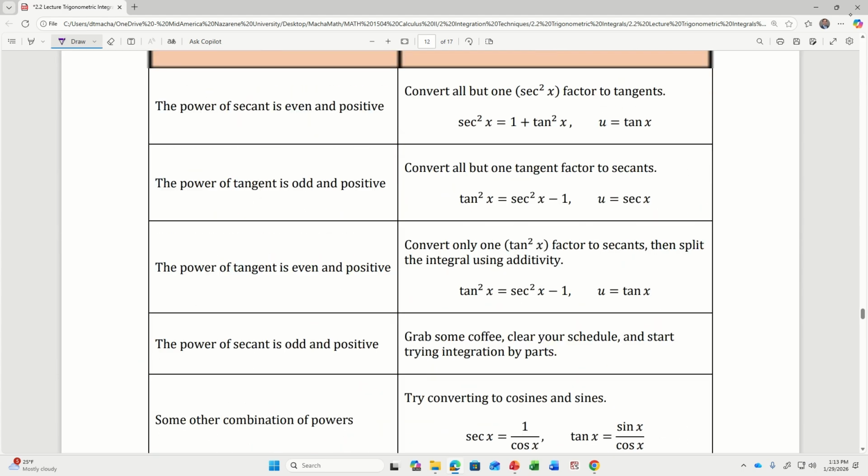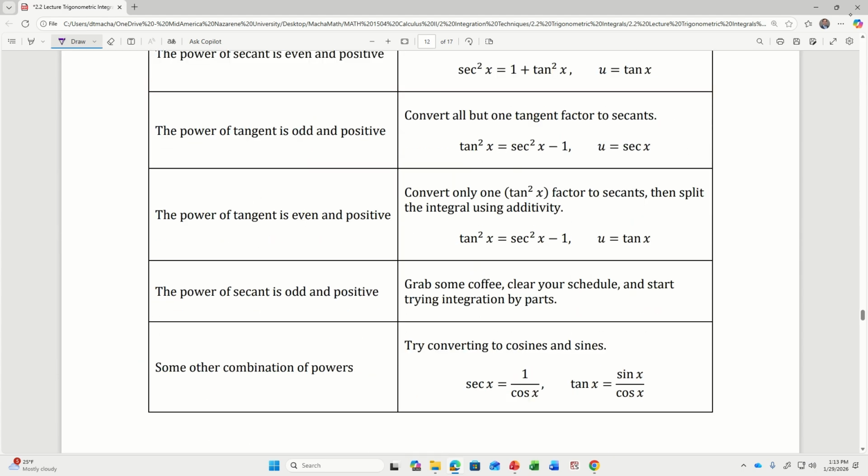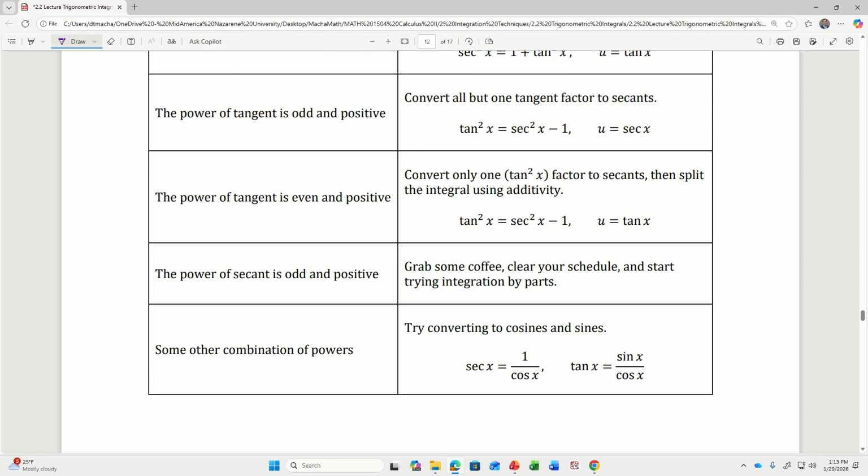Okay, did we cover all my rules yet? What if the power of secant is odd and positive? This would be horrible, and so we are not going to put this on a test. You don't have to worry about an odd positive power of secant. Unless there's a power of tangent that's even and positive, or a power of tangent that's odd and positive.